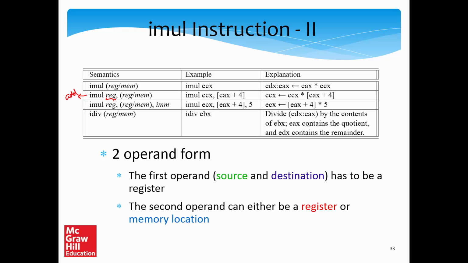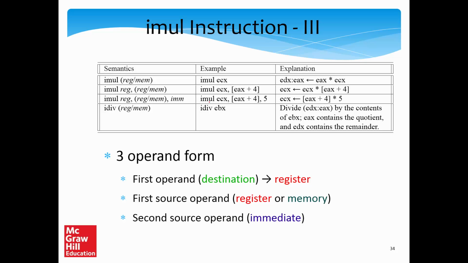We simply take the first register, which in this case is a source as well as a destination, as has been the case for other ALU arithmetic logical instructions. We take the first and second sources, multiply them, and save the result at the location of the first operand.